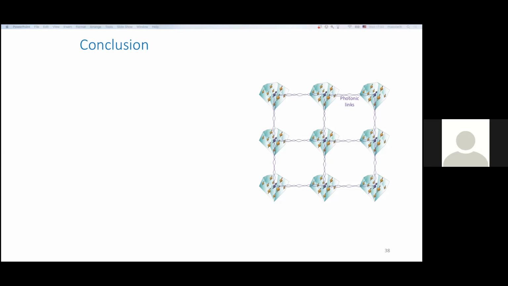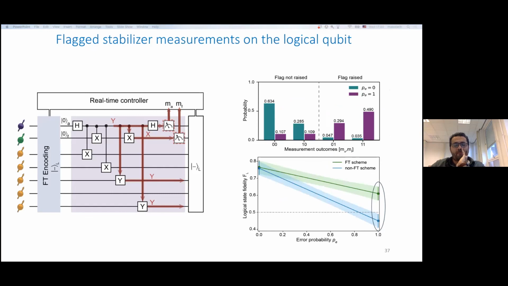Yeah. First of all, great talk, but I have a question about the slide right before the conclusion. Maybe it's not immediately obvious to me, but I'm wondering, what if an error happens here? How do you distinguish that?